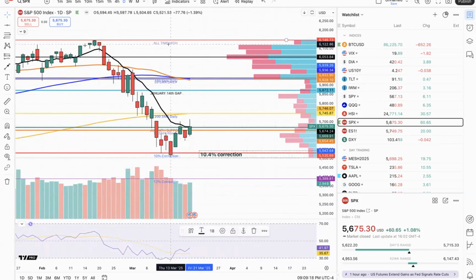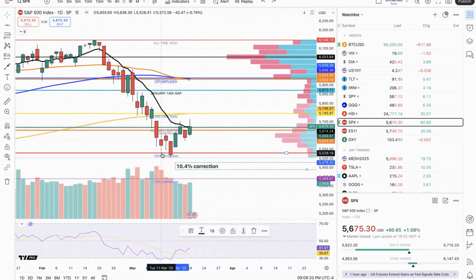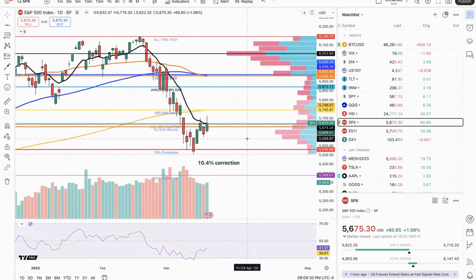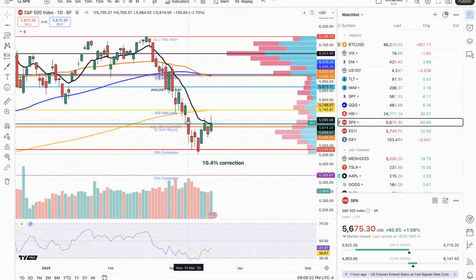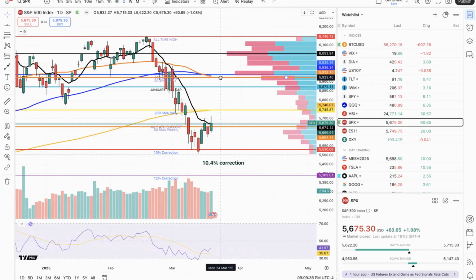And uniquely enough, when we first hit 10% here on Tuesday, March 11th, you did get an initial bounce, but see how it sold back down, right? But what we want to watch for now is okay, here's that retest I talked about. And all these lines that I have on my screen, these are what are known as moving averages.